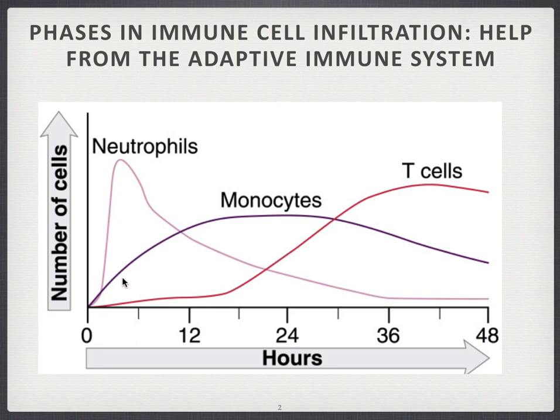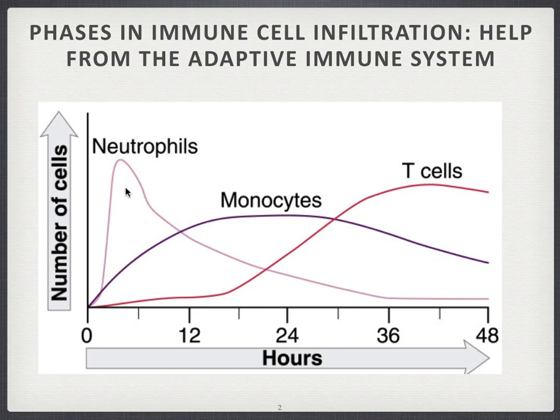Here are shown the phases of immune cell infiltration. First of all you get the neutrophils that will help out with an infection. Then it becomes a bit messy, you need to clean up stuff, you get monocytes infiltrating, but if they cannot contain a threat, the help of T cells is needed, and then you get infiltration of T cells.